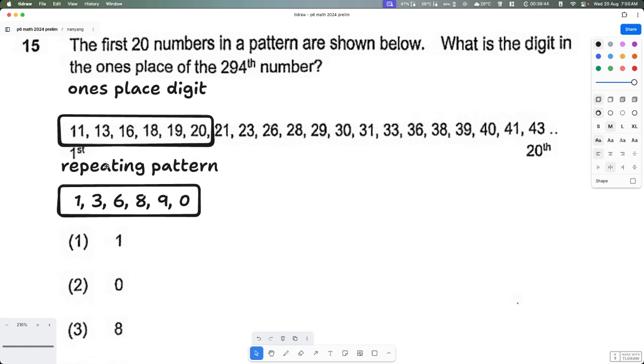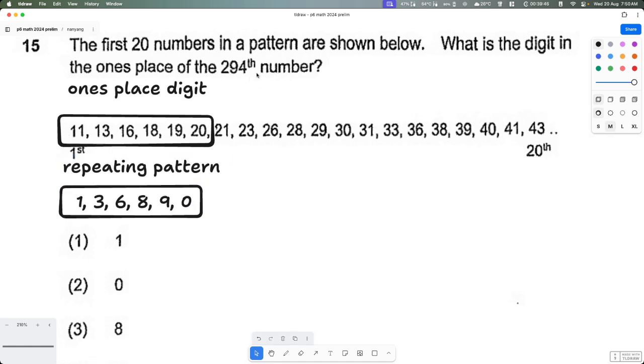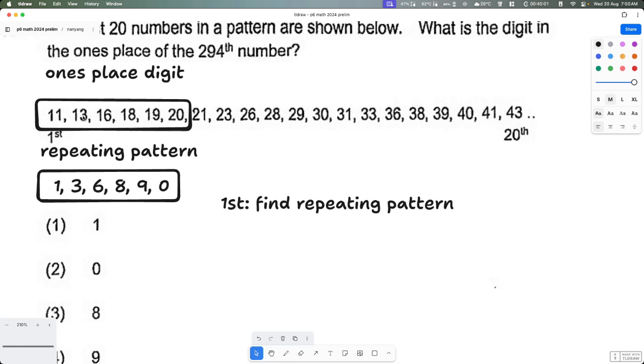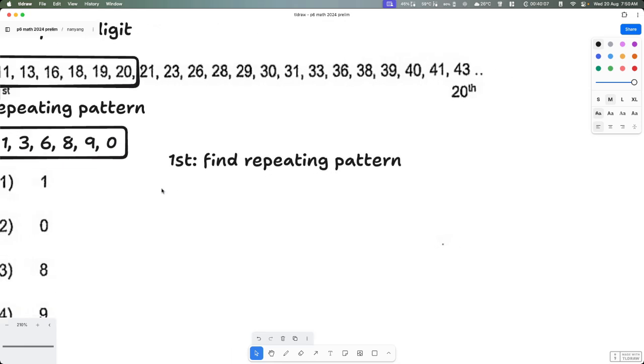Okay, so we want the 294th place. So in this case, first step is just find repeating pattern, right? So 1, 2, 3, 4, 5, 6. Okay.